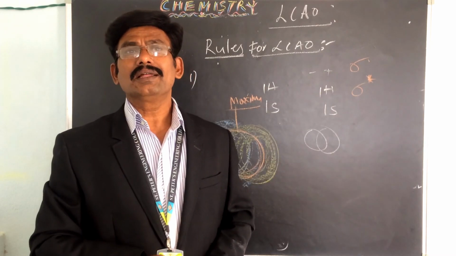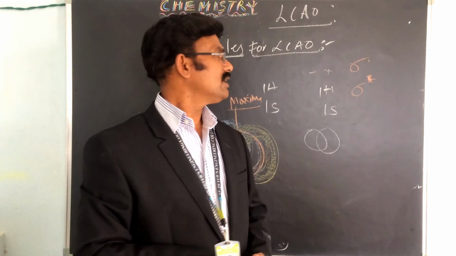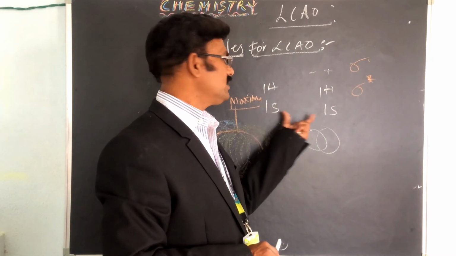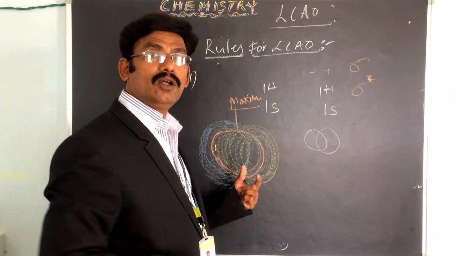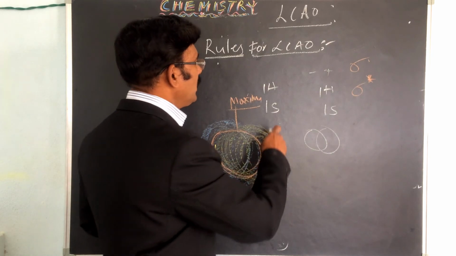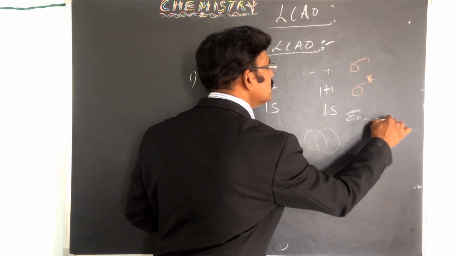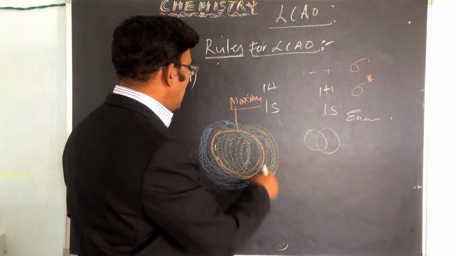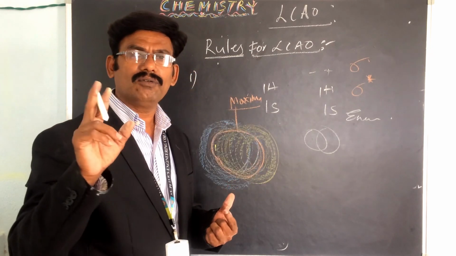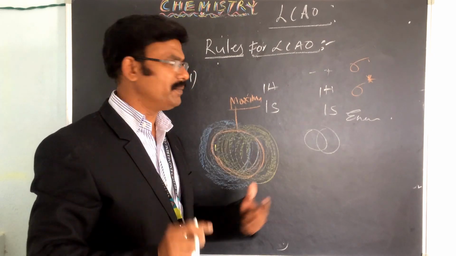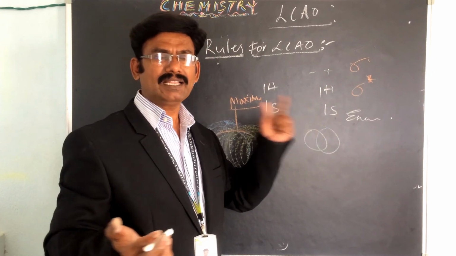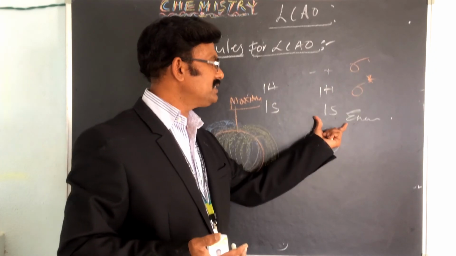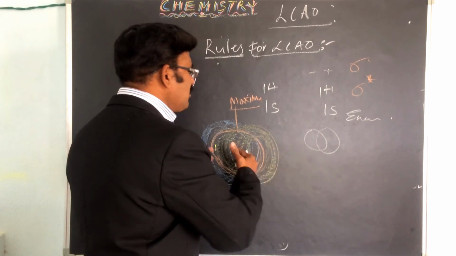And finally, the rules. What are the rules? We have seen equal energy, the first rule. There must be overlap of one another as much as possible, the second rule: maximum overlap. You have to remember the keywords: energy same of two different atoms, and maximum overlap.